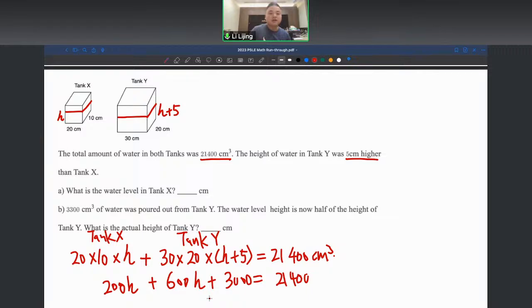So 800H equals 18,400. You can find H by using 18,400 divided by 800. So you get 23 cm.